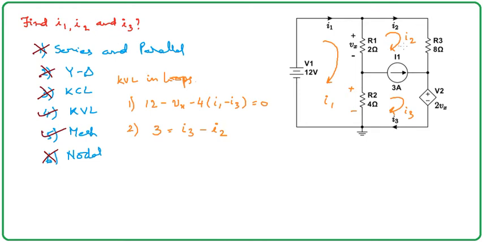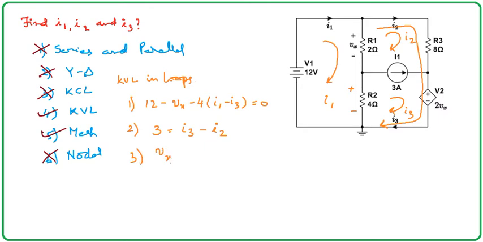Here we are unable to write the equations directly, so this is called super mesh analysis, because we can't write the equation for the current source branch. We can take this combinedly like this. Of course the currents are the same. Just observe how I am writing the equations.